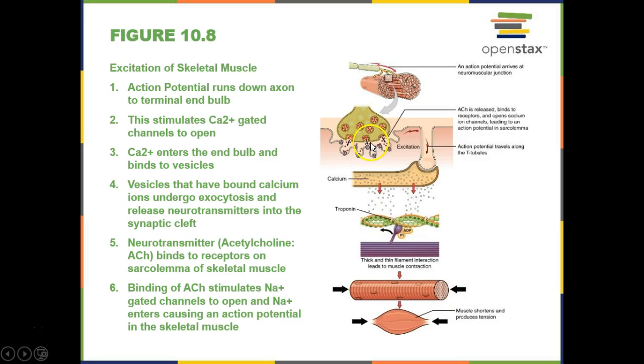So the acetylcholine molecules then are going to bind to the receptors on the sarcolemma. This activates the receptors on the sarcolemma to open, allowing sodium to rush in, and this stimulates an action potential in the skeletal muscle.